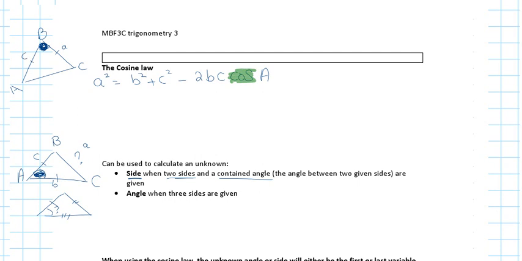Side B. And what would my formula look like? B squared equals A squared plus C squared minus, it's always going to be minus 2AC, because these are the ones given to me, cosine B. Okay?